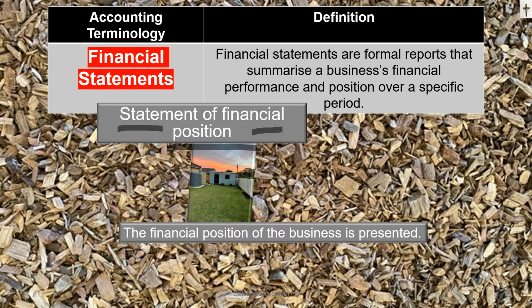Who's entitled to the profit? The owner. And also we want to see what the owner is worth, what the assets are, what the liabilities are. That information will be all in the statement of financial position. And after these statements are drawn up, some analysis and interpretation of the statements is done.